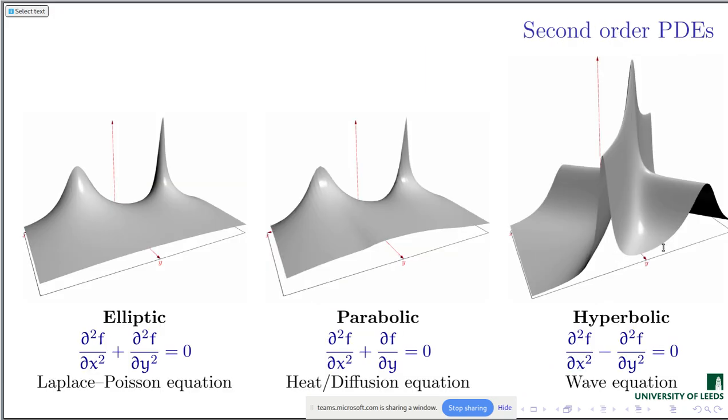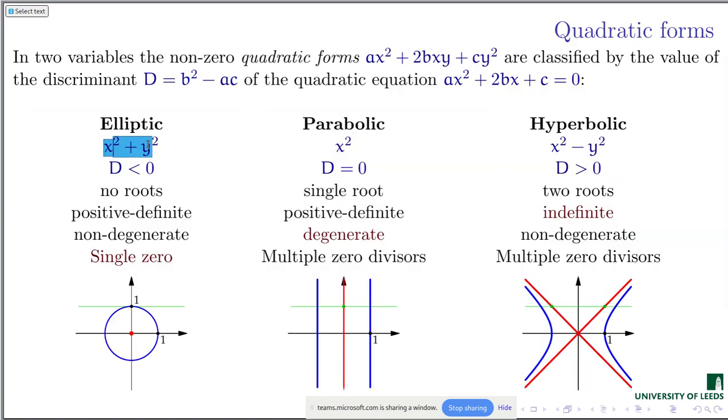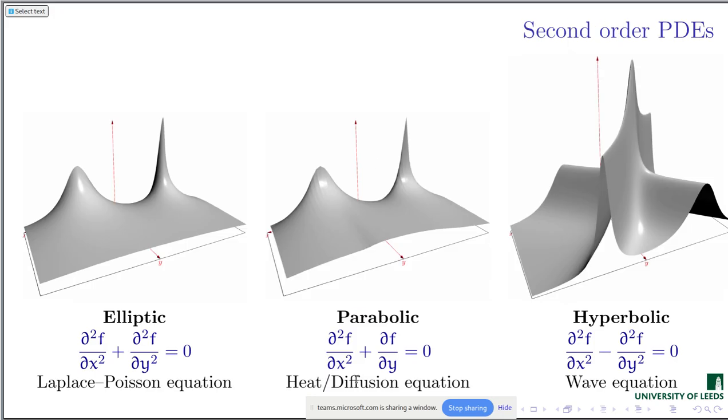About second order PDEs, so here algebraically they are rather similar to quadratic forms. Just instead of squares, which we have here for variables, we have the respective powers of derivatives.